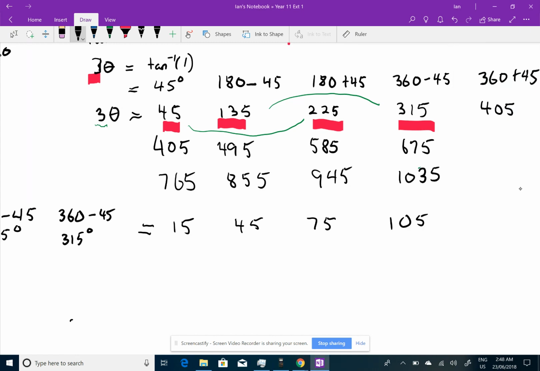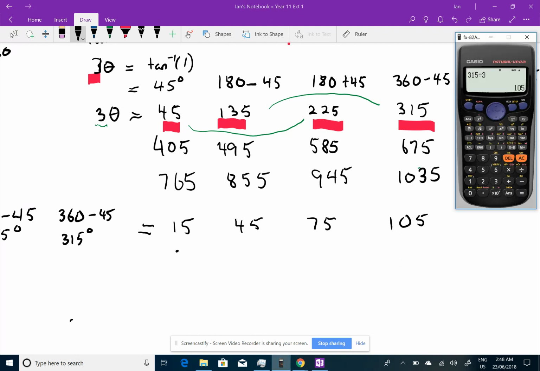Now, these should go up by 360 divided by 3. It should go up by 120. Let's just check. So my feeling is that 120 plus that is 135. But let's just check. 405 divided by 3.